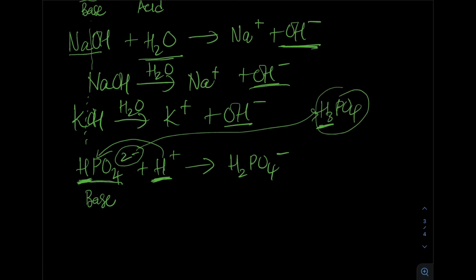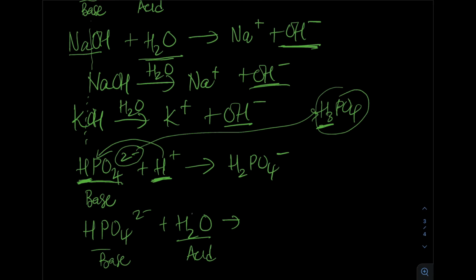And alternatively, we can say HPO4 2 minus, we add it in water, and what's going to happen there? Again, this acts as a base, it can accept a proton. So this water will act as an acid, it's going to donate a proton to this base.